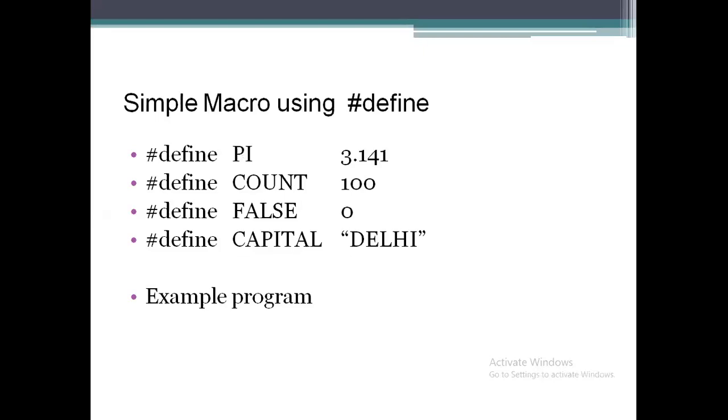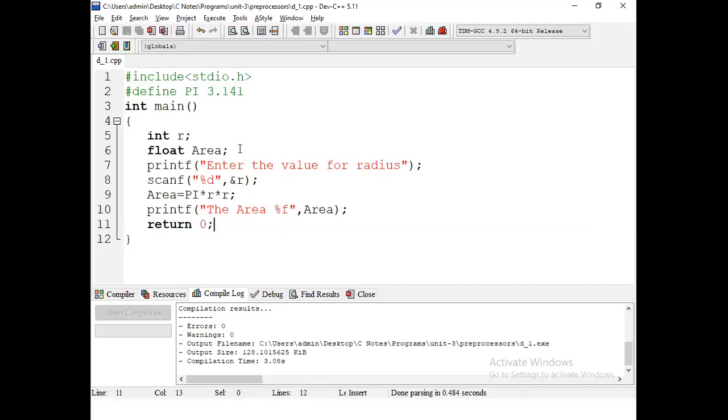Instead of 5, we can use COUNT, FALSE as well as CAPITAL. So just a simple macro. Already we are very well known about how to use simple macros. That is enough. Next come to #undef.